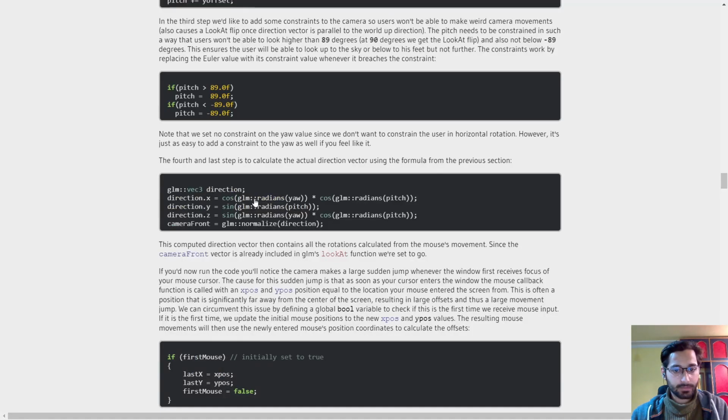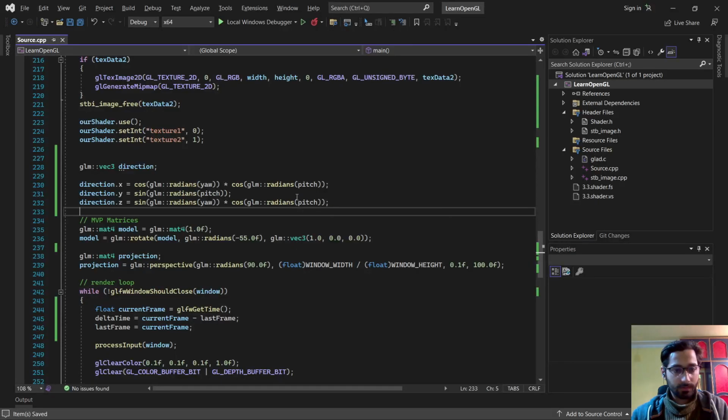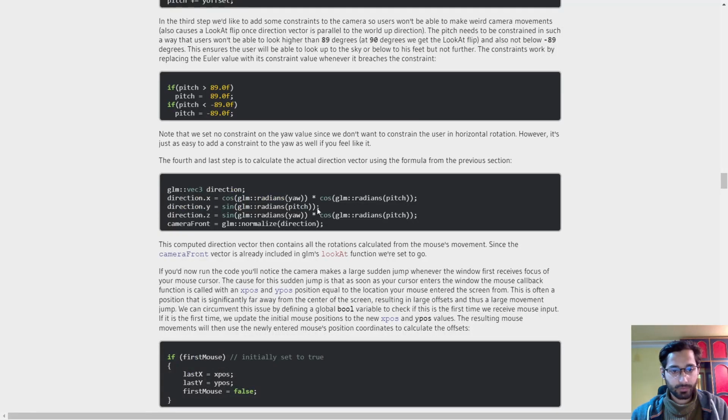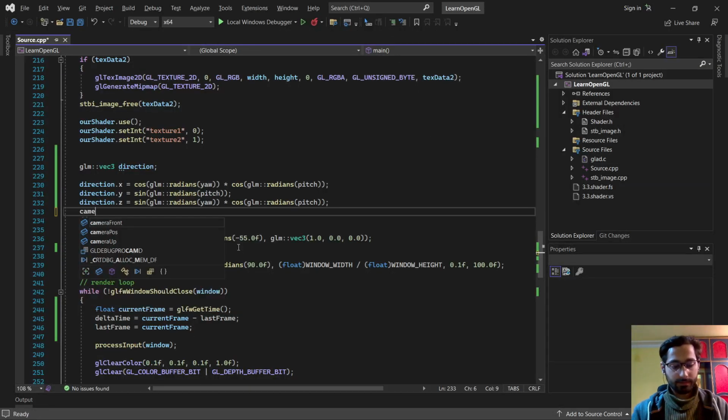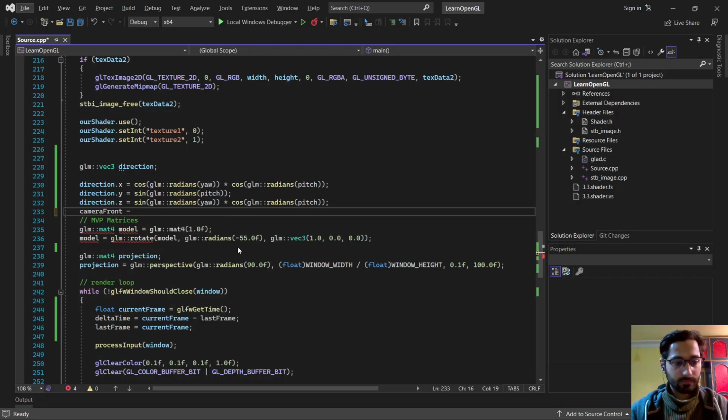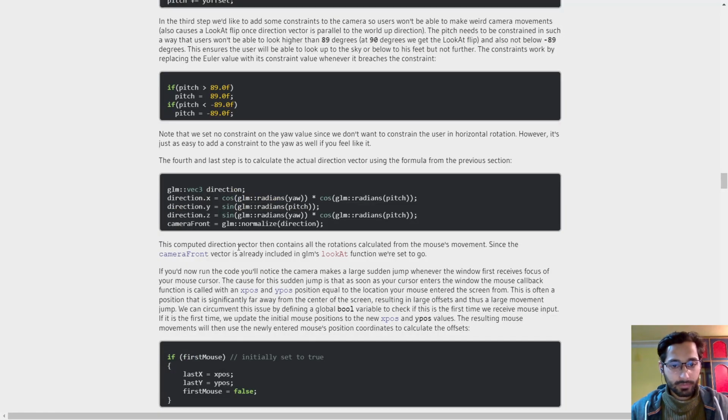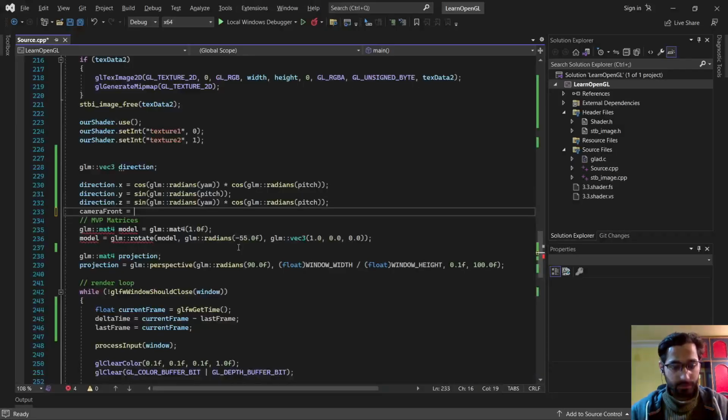Cos of radians yaw, and cos of pitch. Well, we're doing that. Okay, yeah, it's the same thing. We also now just need to do the camera front. It will be equal to whatever the direction is, and we just have to normalize it.